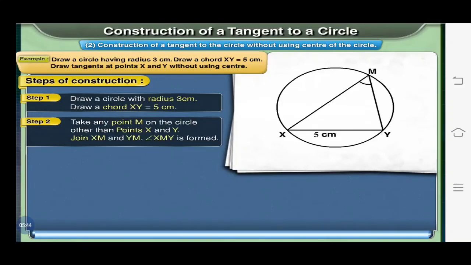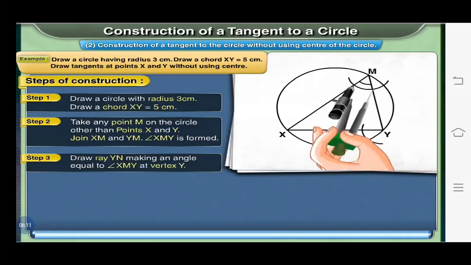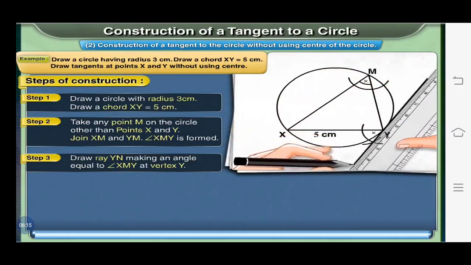So step 3. Taking XY as one side and point Y as vertex, draw ray YN making an angle equal to angle XMY. The line containing ray YN is the required tangent.